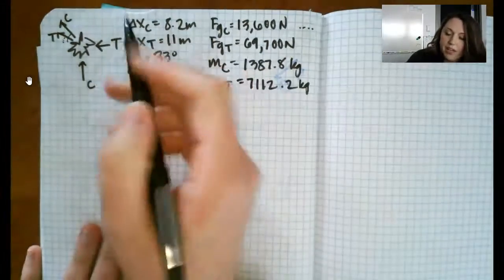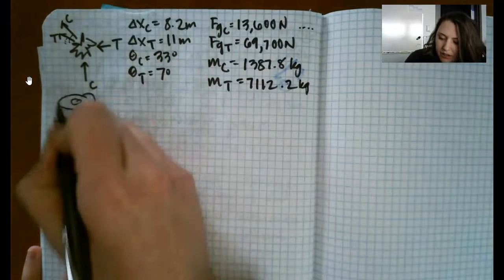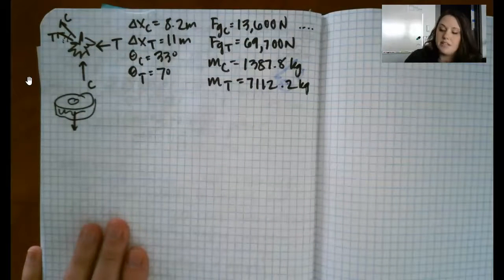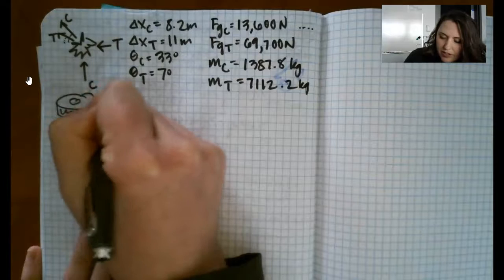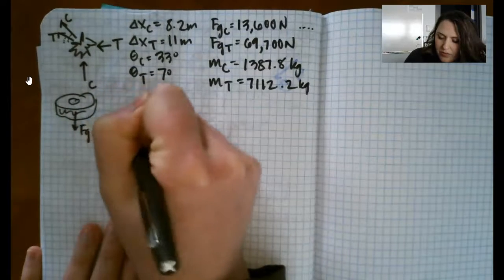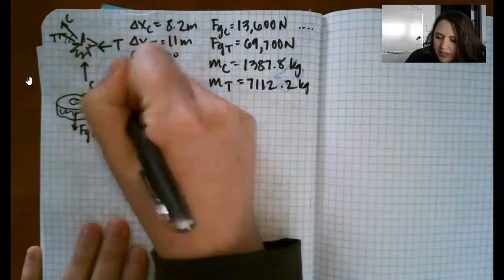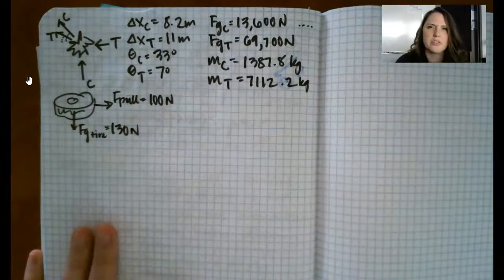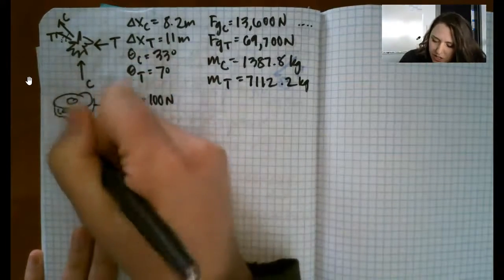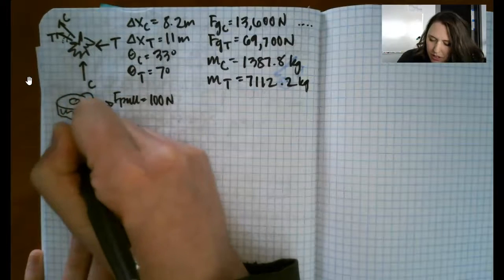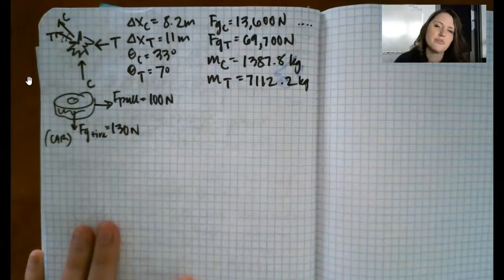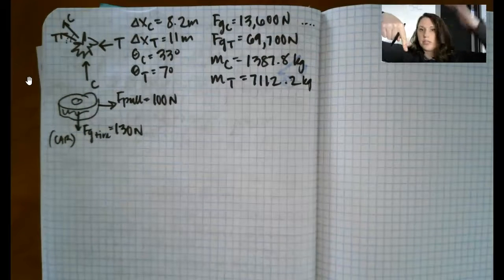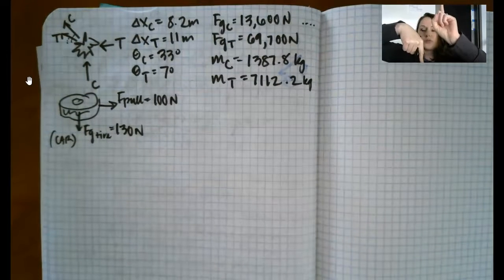They tell me that the tire itself has a weight of 130 newtons, and that to pull it at a constant velocity, it takes 100 newtons. That's one of the other things that we're told in this problem, and that's only for the car. So I can use that to figure out how much friction there is, because I know that the force of gravity acting downward, if it's not accelerating up or down, has to be equal and opposite to the normal force going up.